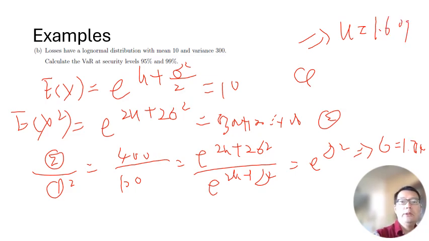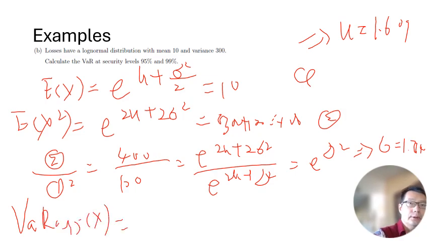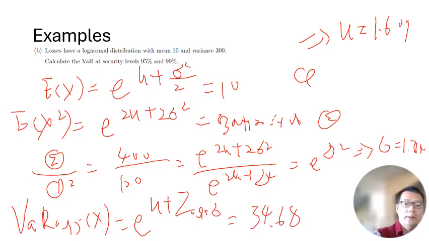Once you have U and omega, similarly, you just need to look for the formula to calculate this VAR, which is mu plus Z 0.95 omega. Then you can get this to be 34.68. Similarly, if it's 99%, it's 77.36.